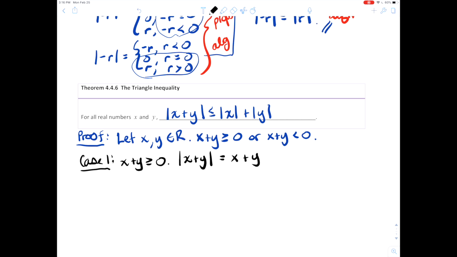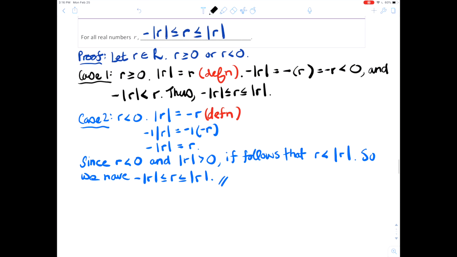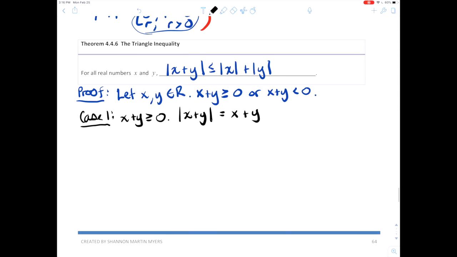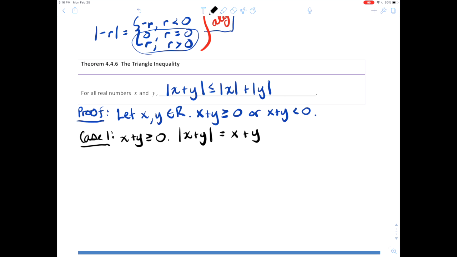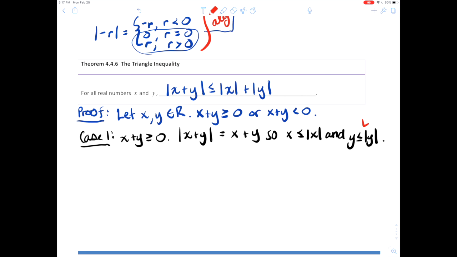And so from that first lemma, 4.4.1, it actually gives us that x needs to be less than or equal to absolute x and y is less than or equal to absolute y.